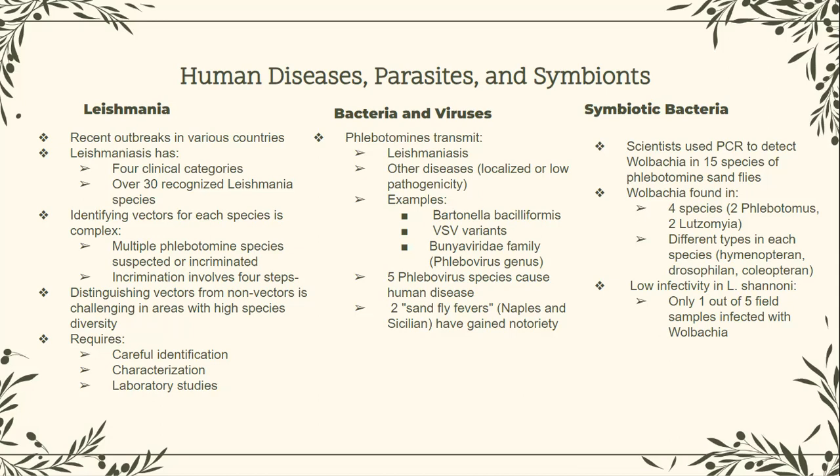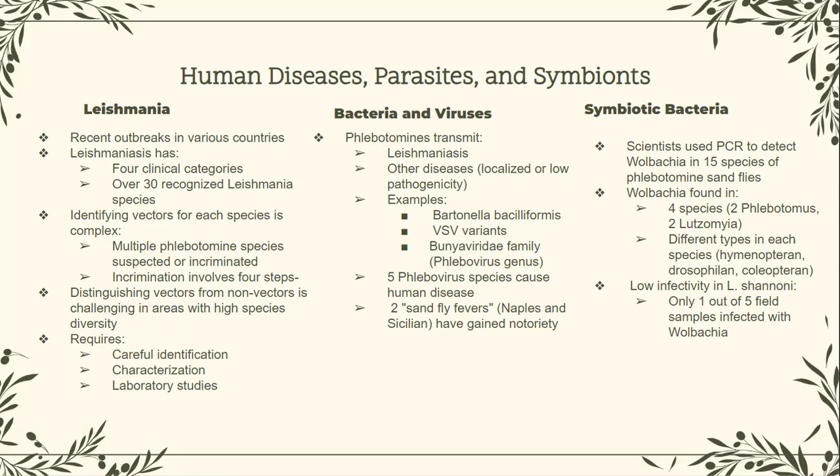So for Leishmania, the association between phlebotomines and leishmaniasis, a group of human diseases, has been highlighted by recent outbreaks in areas such as Afghanistan, Iraq, Brazil, and India. These outbreaks have resulted in tens of thousands of new cases and thousands of deaths.